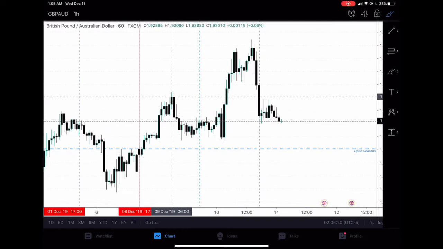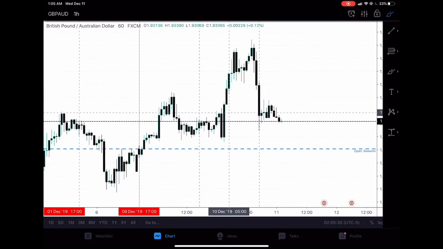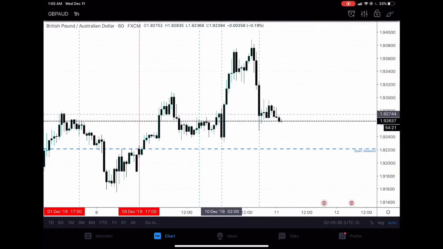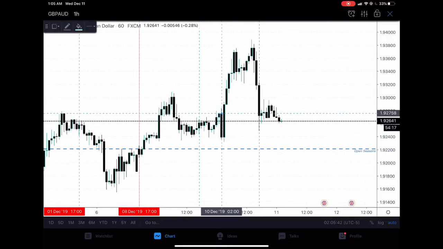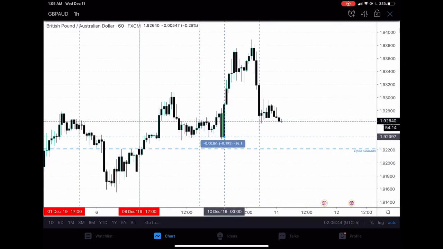So it came up here, it pulled back, and then it pulled up again to retest. And that's when I got in my entry, I believe around 2 o'clock New York time, in the London Open. And then I rode it down for roughly 30 something pips, I believe. I got a large chunk of that move there.